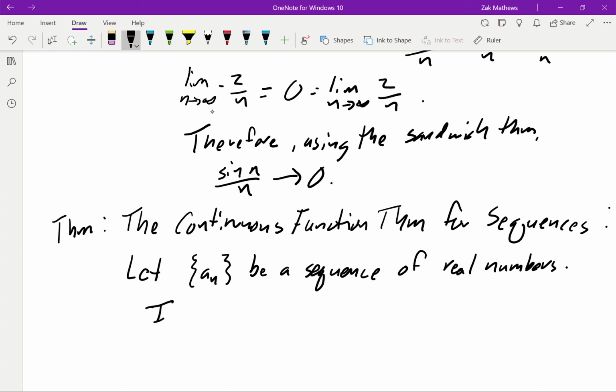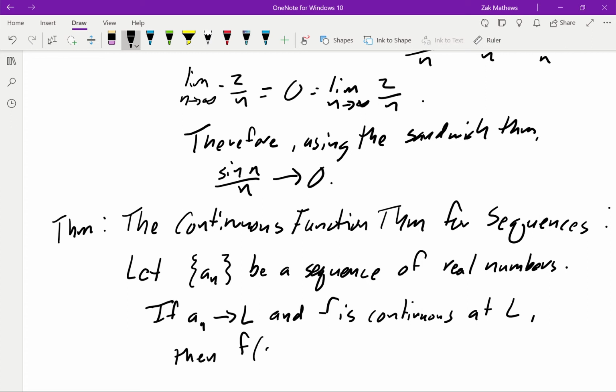If an is convergent to L and f is continuous at L, then the function applied to the sequence must be equal to the function at the limit value.